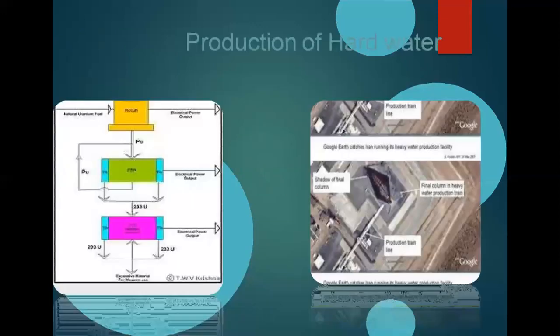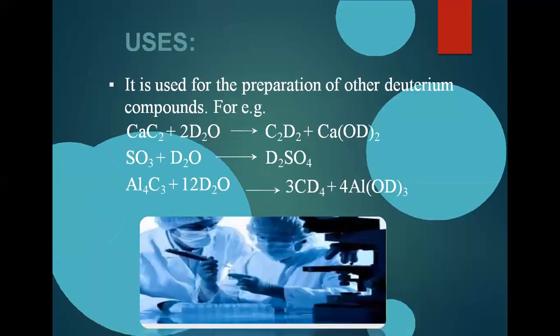Okay, this is how we prepare heavy water. Next, it is used for the preparation of other deuterium products, like CaC2 plus 2D2O gives C2D2 plus Ca(OD)2. SO3 plus D2O gives D2SO4.